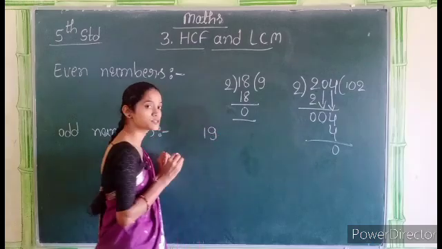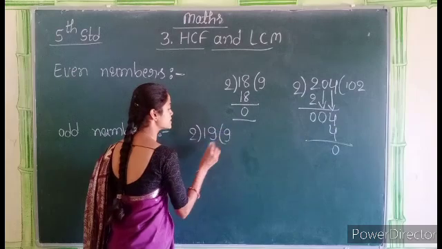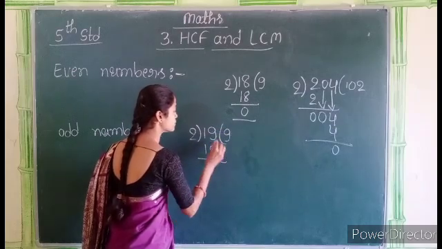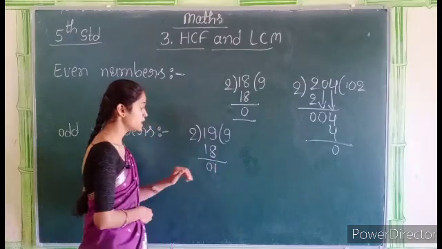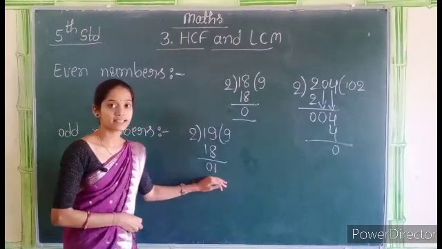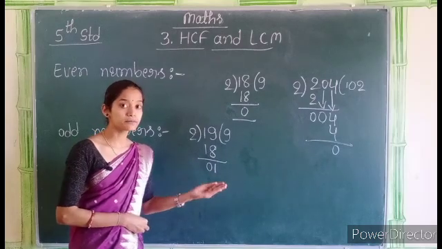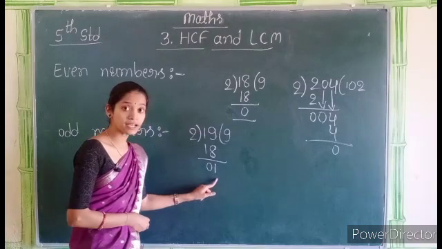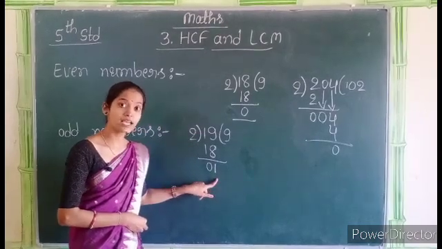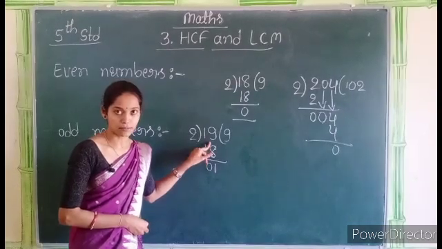This 19 is to be divided by 2. 2 nines are 18, 19 minus 18 is 1. Here we get 1 as remainder. So if any number divided by 2 leaves a remainder, that number is said to be an odd number. Here 19 is an odd number.